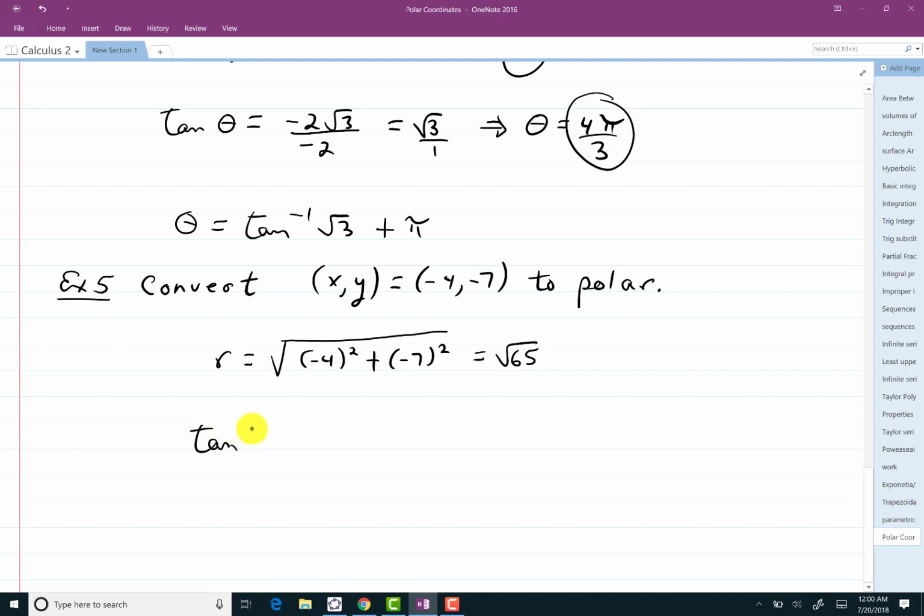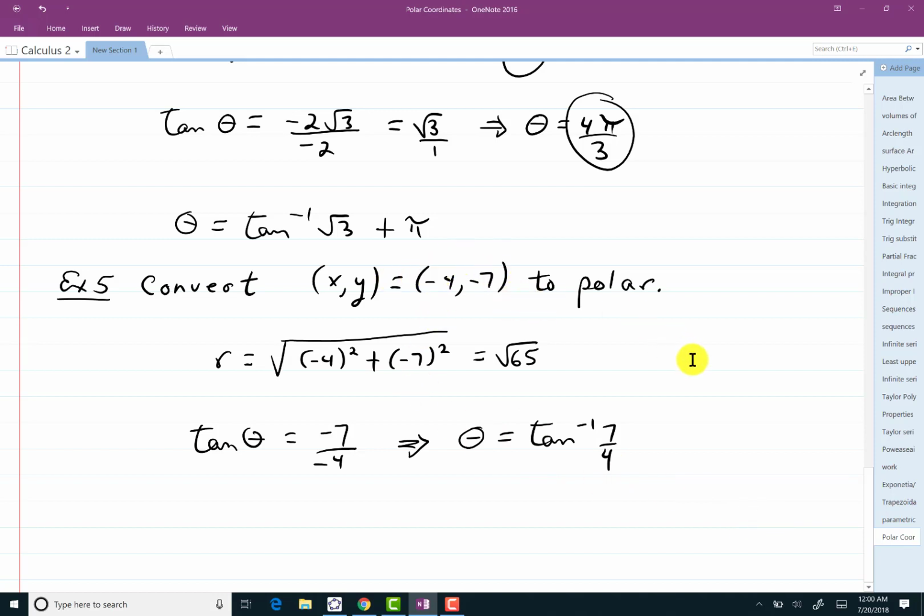Tangent of theta equals -7 divided by -4. And here you can do the arctangent and get the correct answer, but you still got to add pi to your answer.